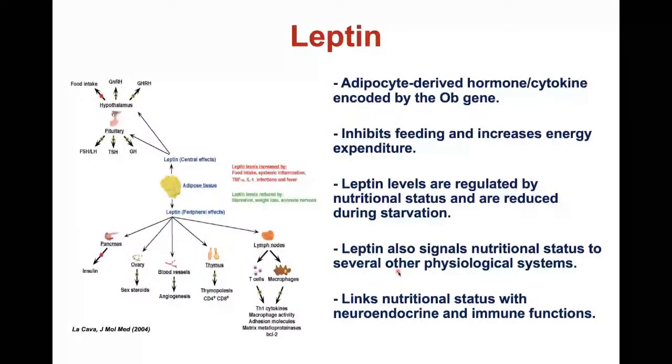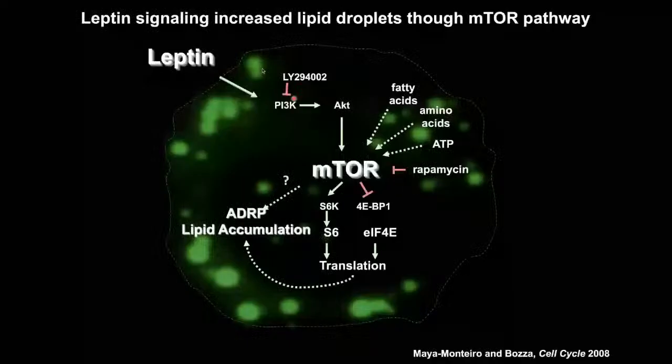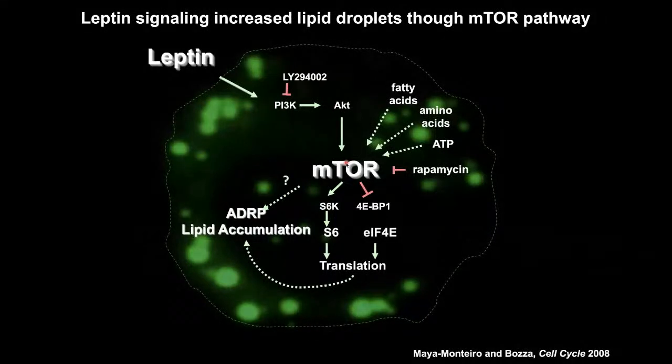Leptin also signals in immune function, including inflammation. Leptin signals through PI3 kinase and AKT, and activates mTOR. And we asked whether mTOR could mediate lipid droplet formation.